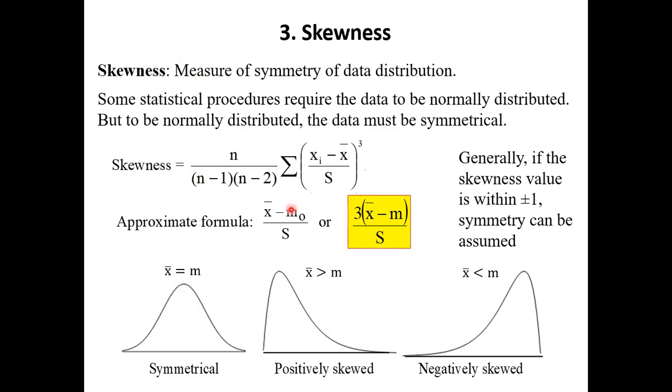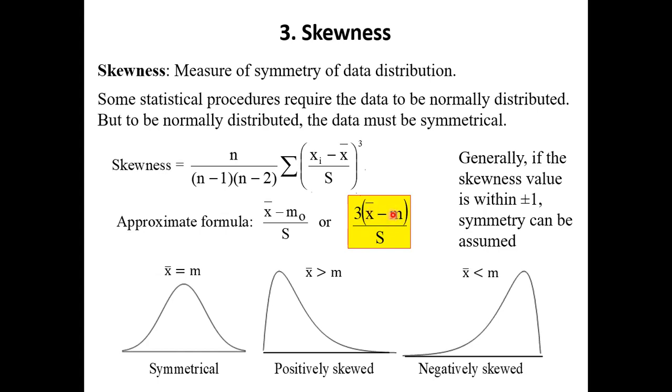I've given three different formulas. This is the exact formula that software uses. This is an approximate formula given to understand the meaning. So look at this formula. It's a function of x bar and m.